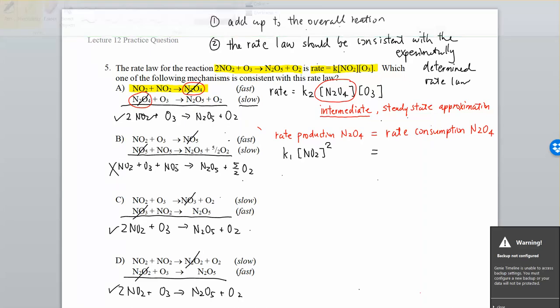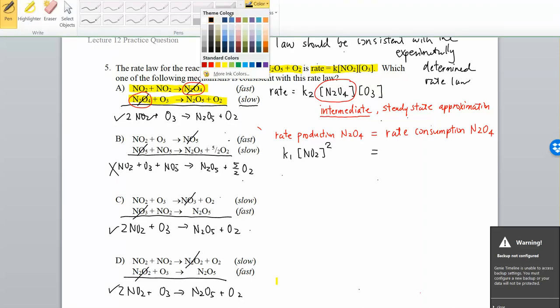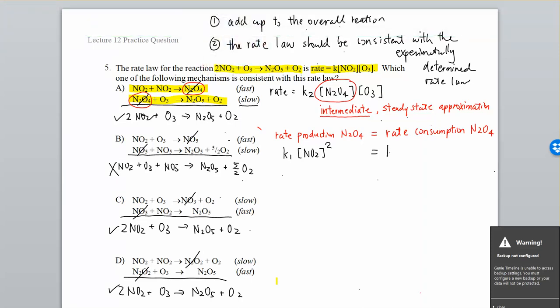The step that uses up N2O4 is step number 2, so we can write k2, the rate constant for step 2, times concentration of N2O4 times concentration of O3. Now we can isolate N2O4.